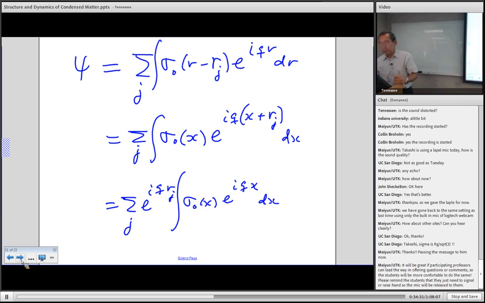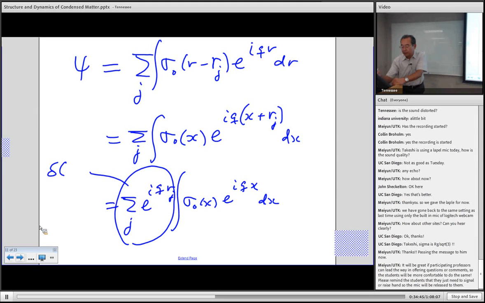Okay? So you get that. That becomes a regular delta function, right? So this is equal to delta of q minus k, like we did last time, right?